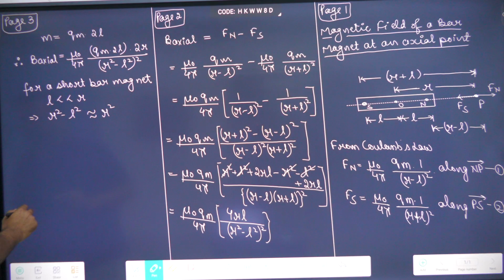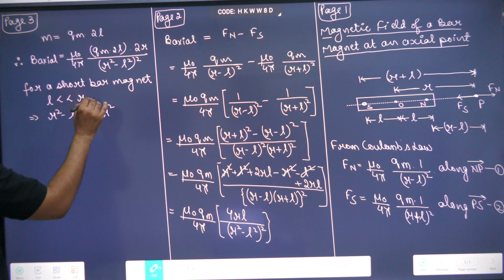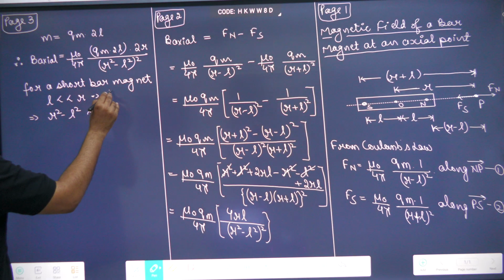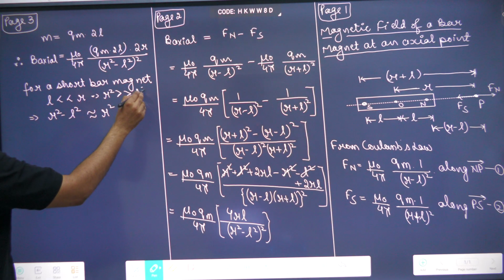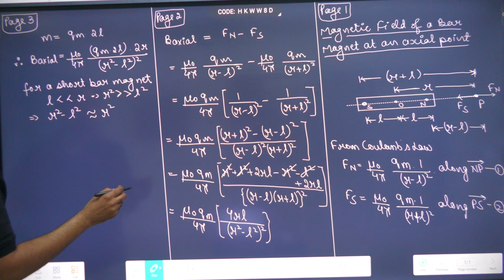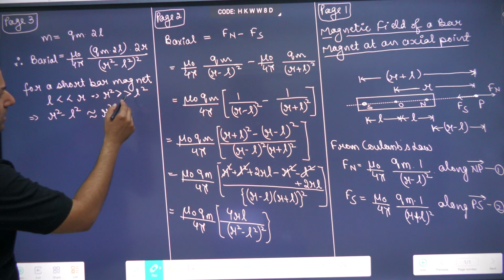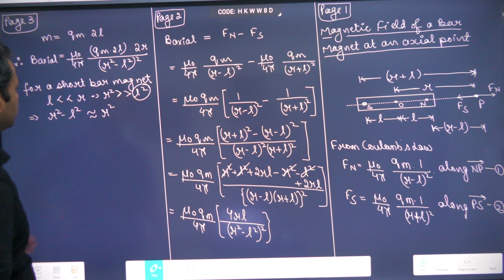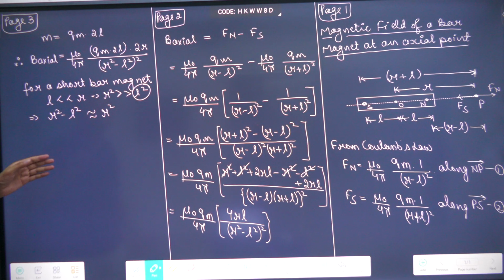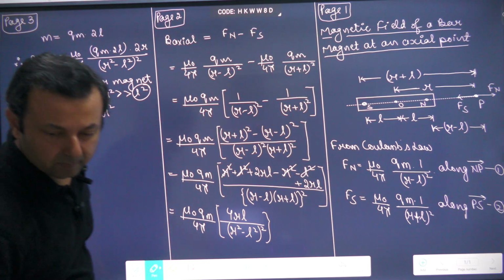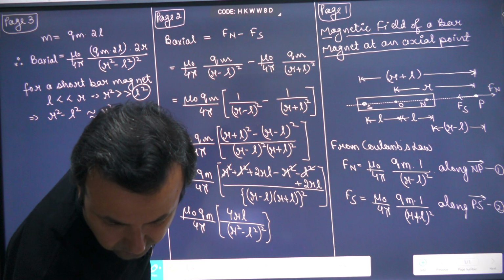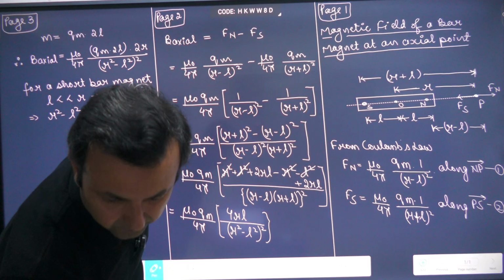Because L is very less than R, it means that R square is very greater than L square, so L square can be neglected. So we have neglected L square here, and that's why R square minus L square we have taken to be approximately equal to R square only.